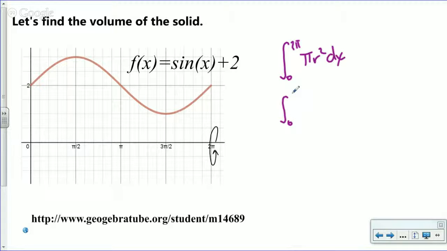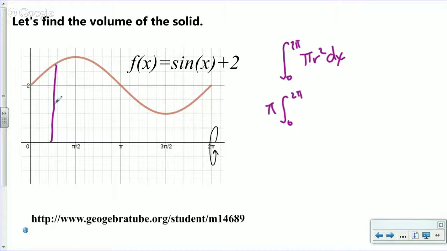So 0 to 2 pi, I'm going to go ahead and pull out that coefficient of pi because that's a constant, doesn't change. Now my radius does change, doesn't it? My radius, if you will, always go ahead and draw one radius for me.